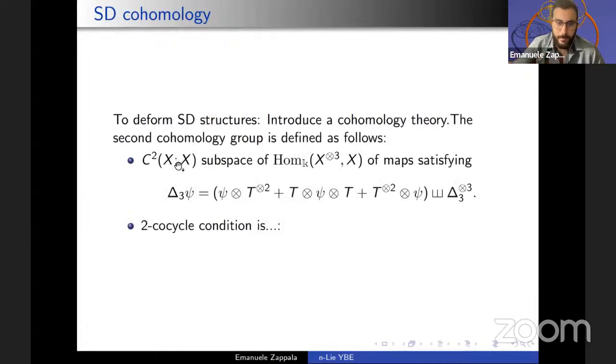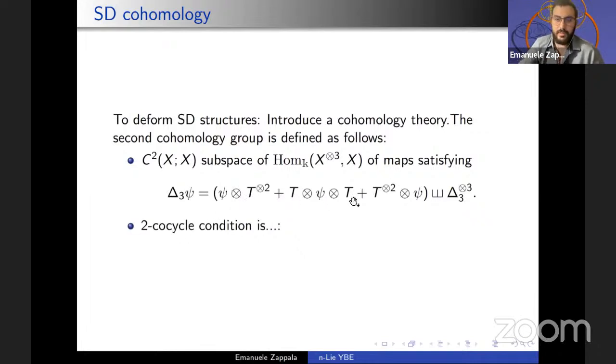It's not written in this case directly with equations of operators. So instead of writing how they act on the single entries, actually the two-cocycle condition is written in that way, if I remember correctly.